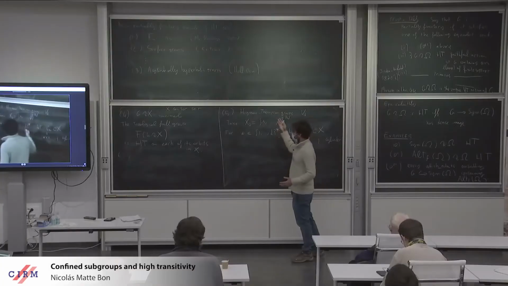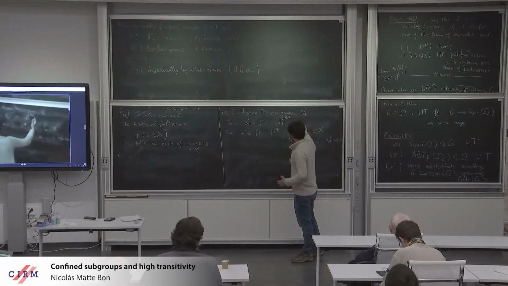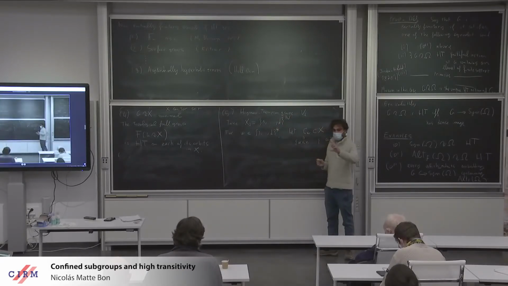And you can define a very natural group, which is locally given by: take a cylinder set, take the W, and change it to another letter.